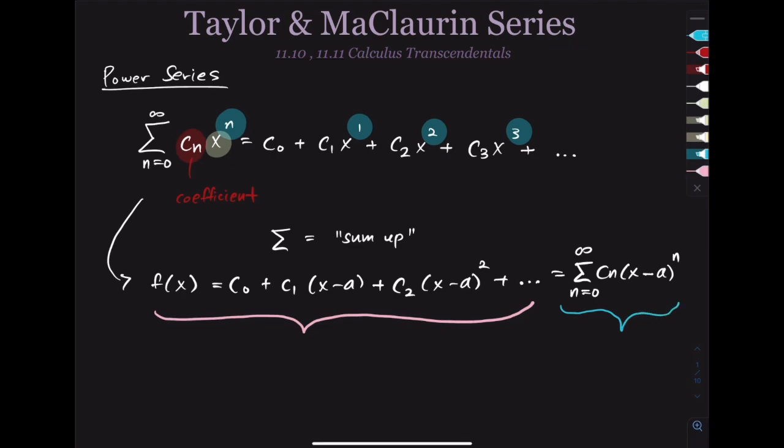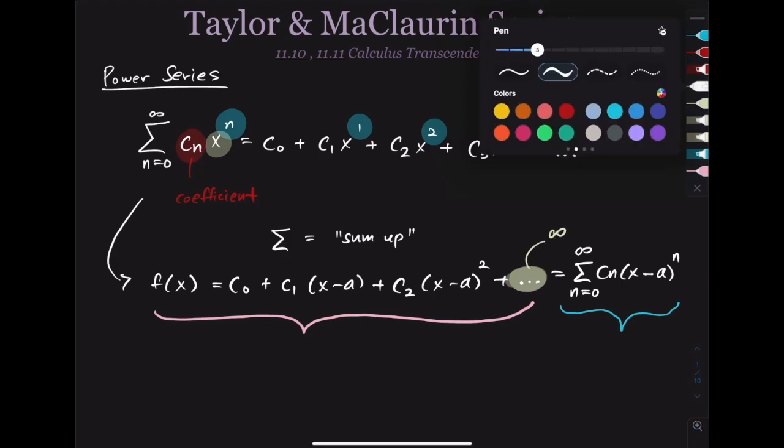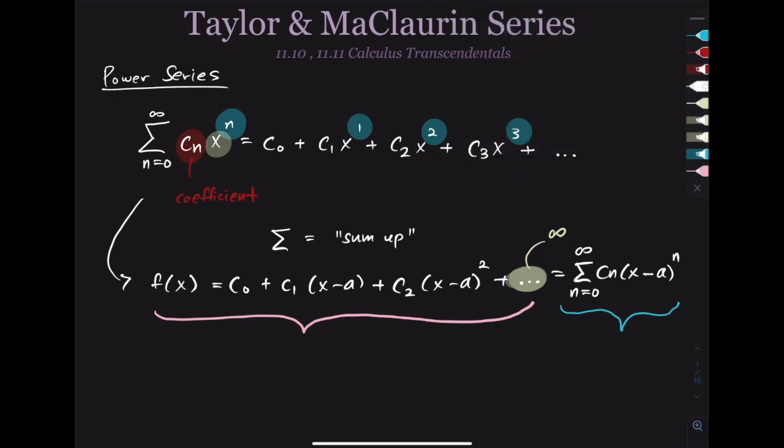Note that this almost looks like a polynomial, except it's infinite, as you can see here. This might not seem important right now, but when we get to the Taylor and MaClaurin series, it'll help to understand how closely related a power series can be to a function.